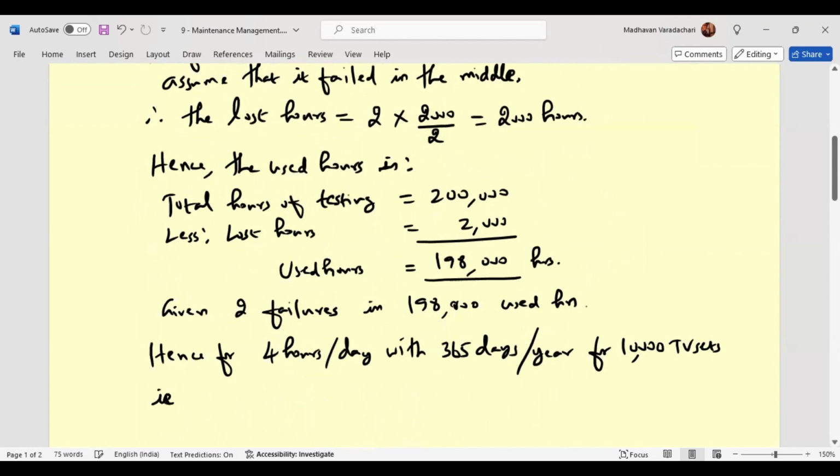That is, let us multiply this 4 into 365 into 10,000. We will get 146 lakhs hours used.